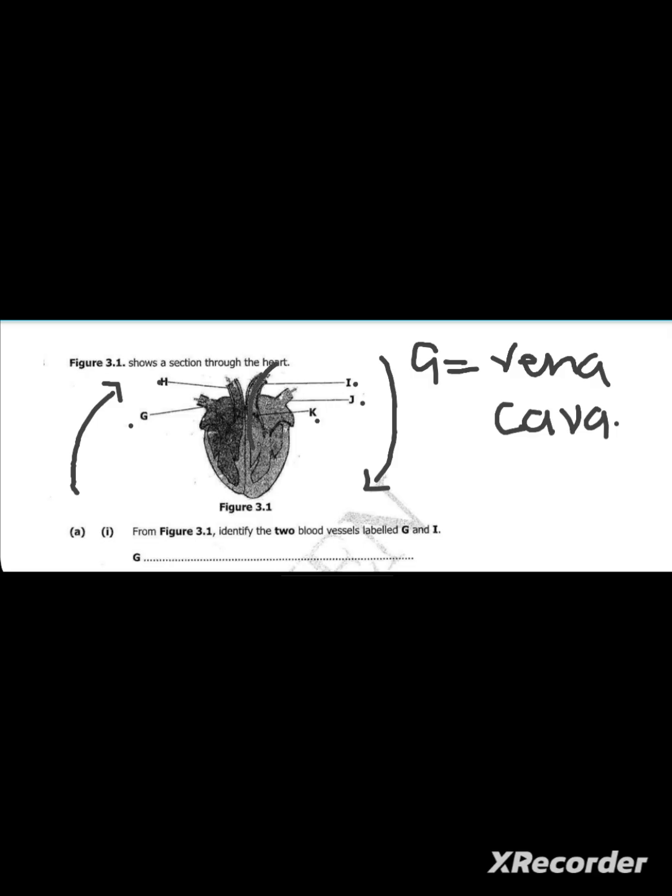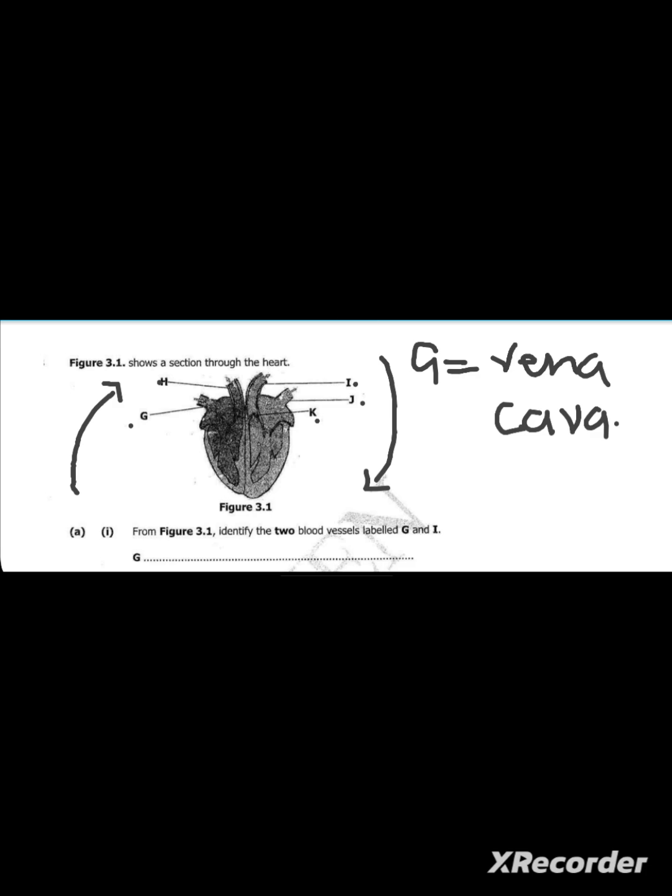So from here all the way up this side, this is your aorta. And here we have the mitral valve, and here we have the tricuspid, because the mitral valve is the same as the bicuspid valve.